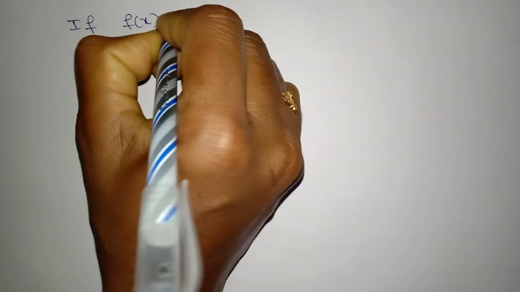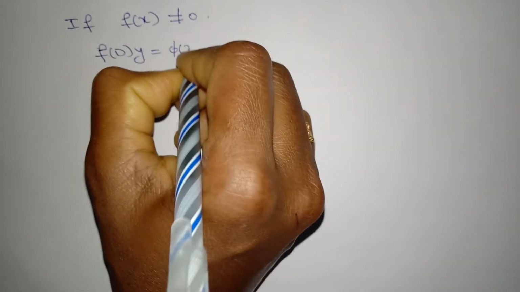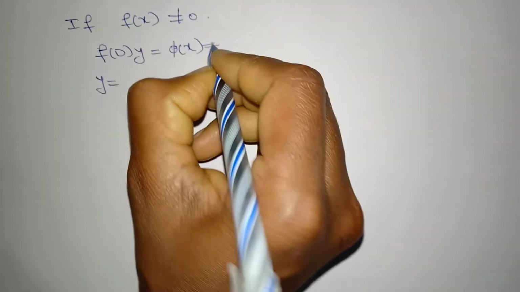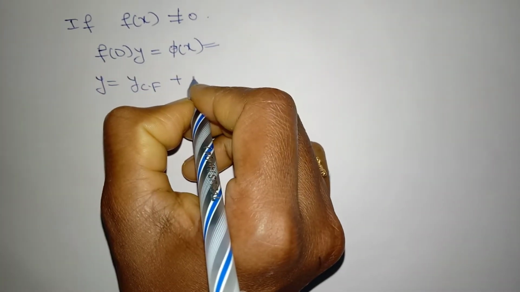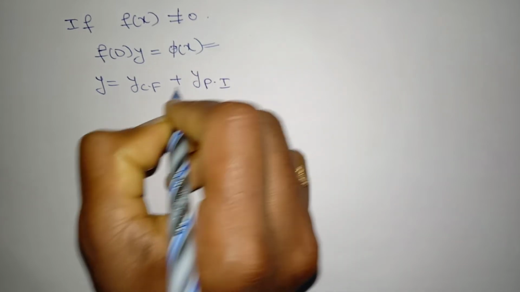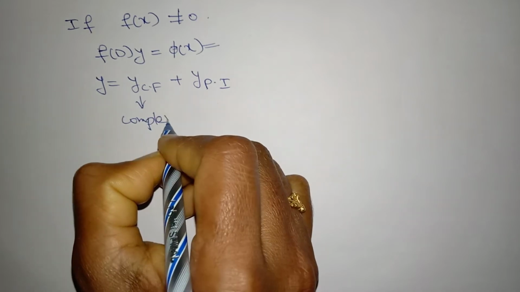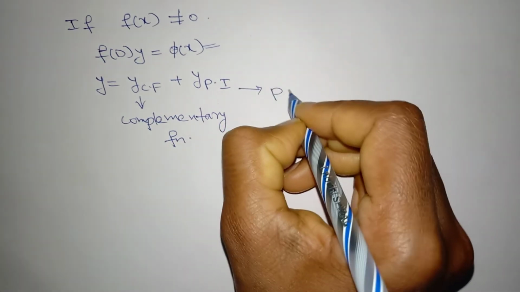And if the right hand side is not equal to 0, that is f of x is not equal to 0, and the differential equation is f of D into y equals some function of x, then the solution for this type of differential equation will be y equals complementary function plus particular integral. CF is the complementary function and PI is the particular integral.